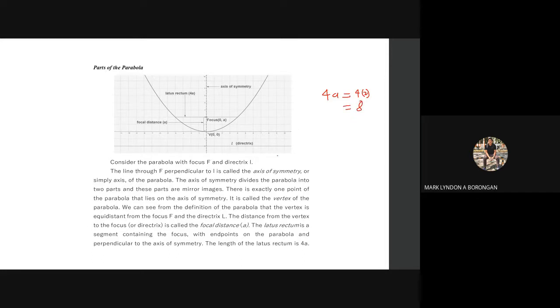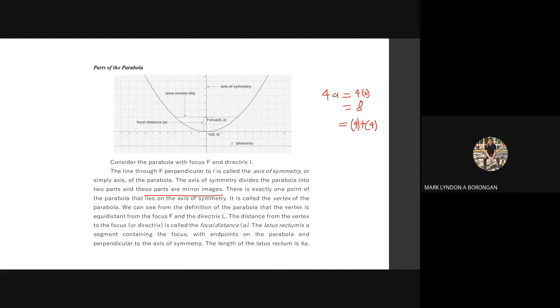Now, remember guys, that a parabola's parts are mirror images. Mirror images means that if we divide it, both sides are equal, right? So this means if we divide the 8 into 2 equal parts, that will be 4 and 4, right?